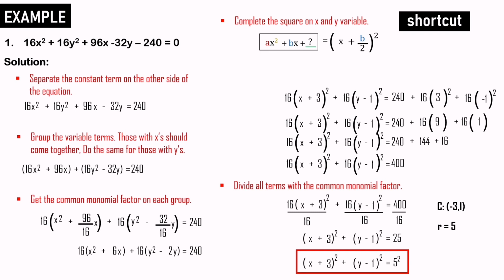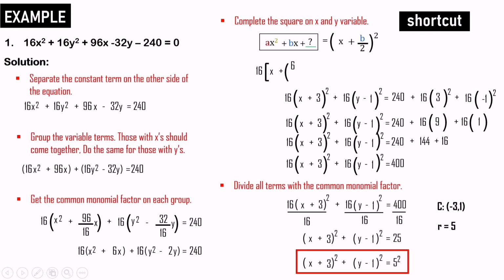Okay, so in our 16 case, what happens is we have 16 open bracket x plus, what is our b? Our b is 6.